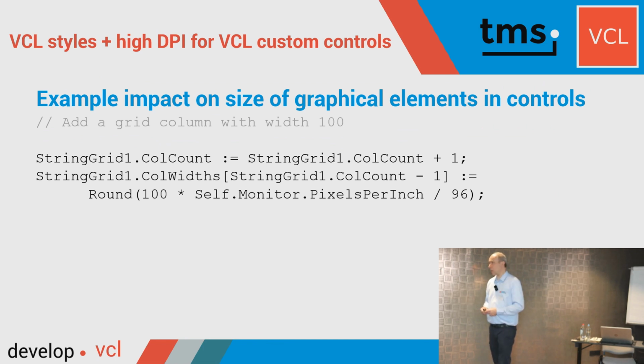And then we come to fonts. As I explained, the TCustomControl already has the font property, and the VCL framework knows, okay, this is the font for the component, and the VCL framework manages the changes in font height depending on the screen where you are running the application.